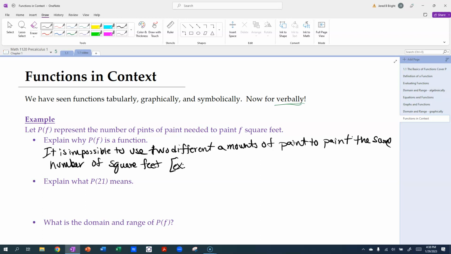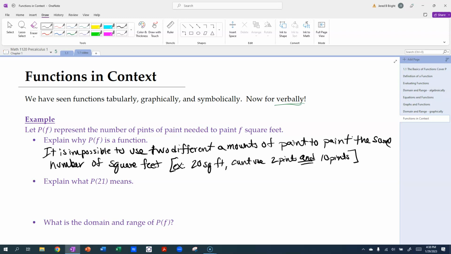Just as an example, if we have 20 square feet, we can't use, say, 2 pints and 10 pints of paint.